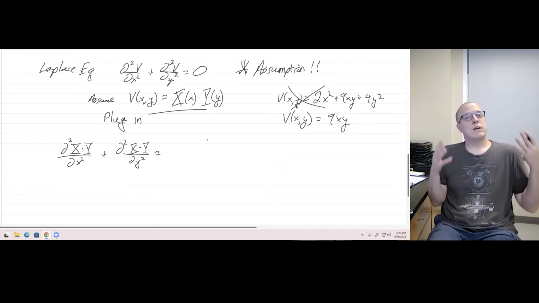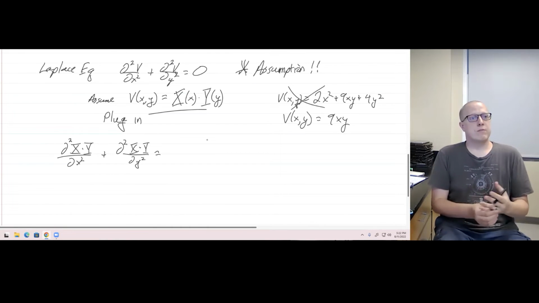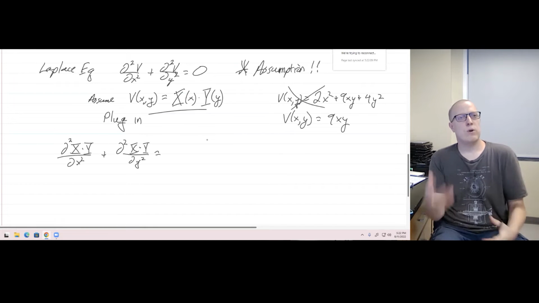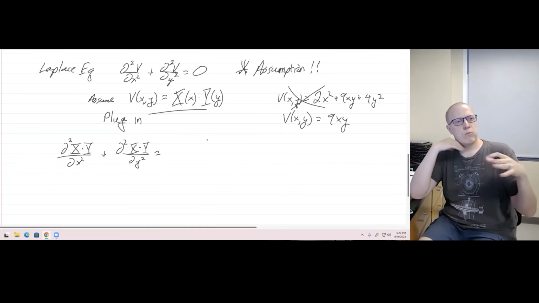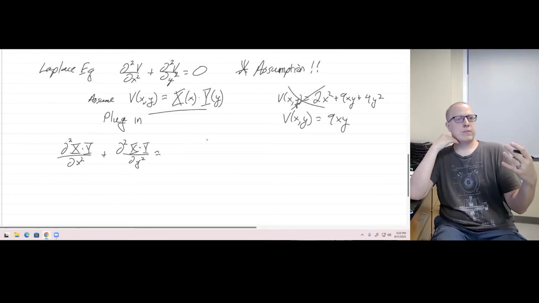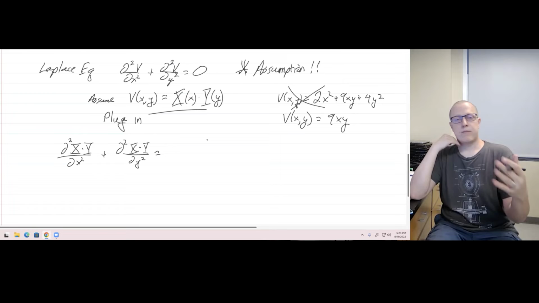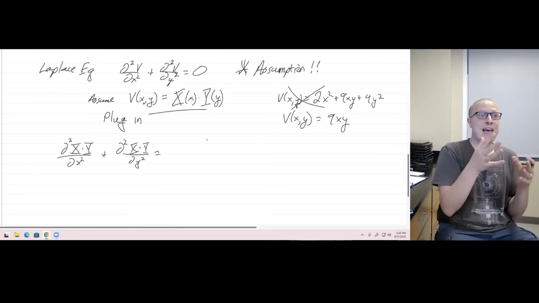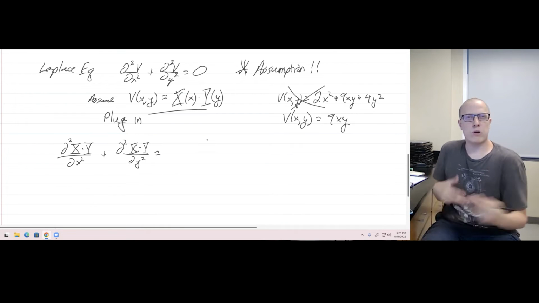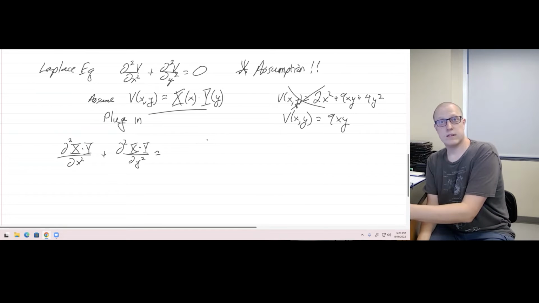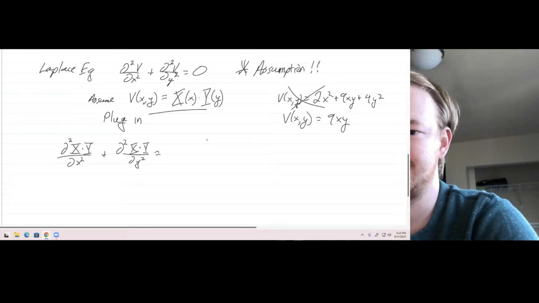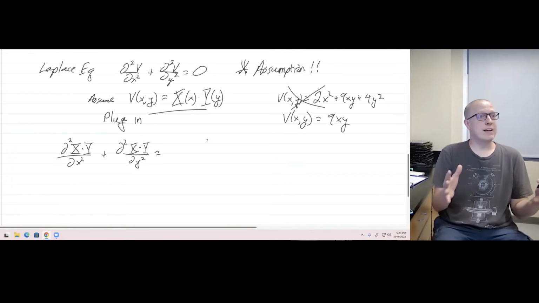Now, when I take a partial derivative of something with respect to x, what do I do with things that have y in them? I definitely am taking a derivative with respect to x in this first term. So what do I do with all the y stuff? You treat them like constants. Great, absolutely right. We treat it like a constant.